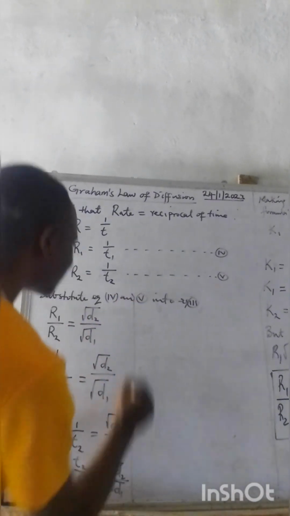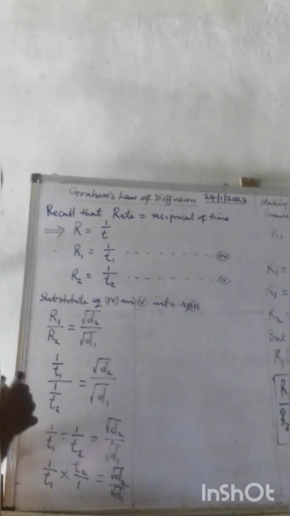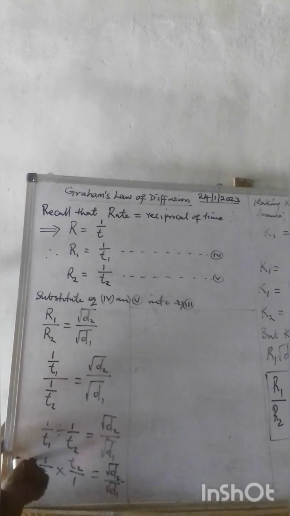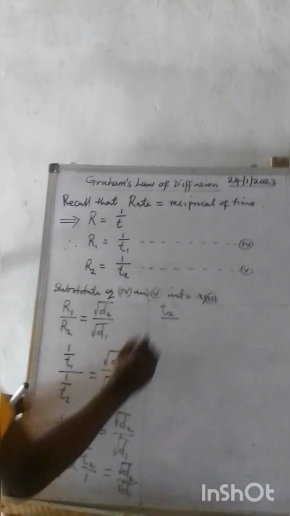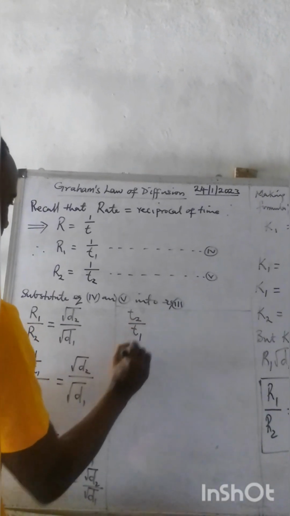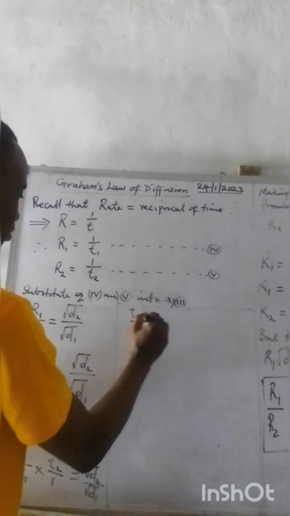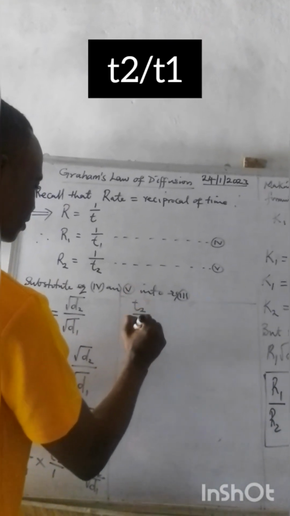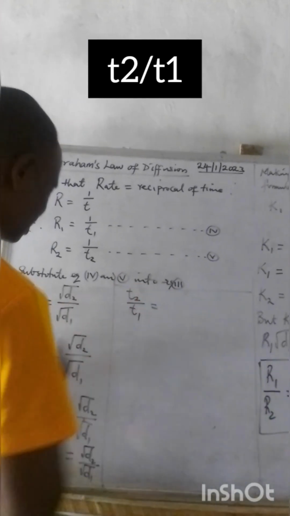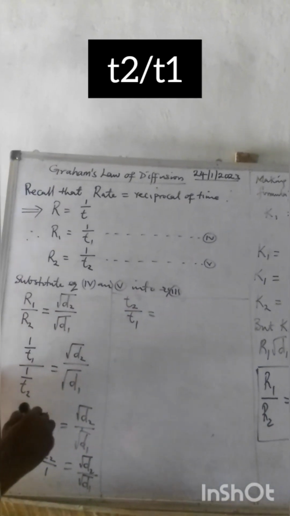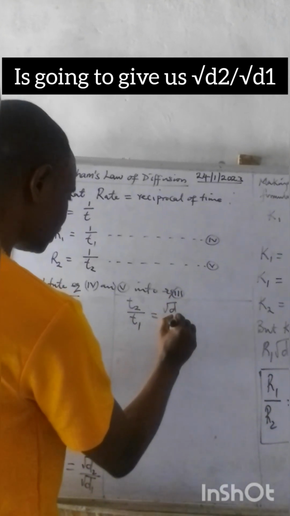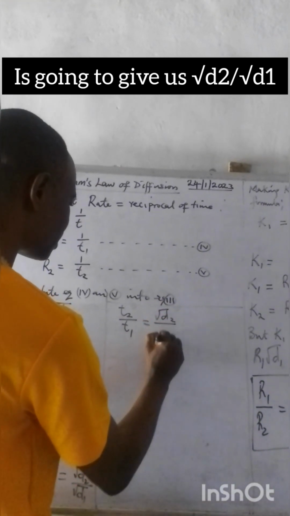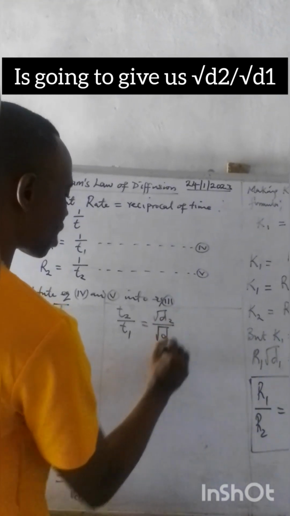Finally, we can now say that 1 times T2 is T2. T1 times 1 is T1. So T2 divided by T1 is going to give us what? Square root of D2 all over square root of D1.